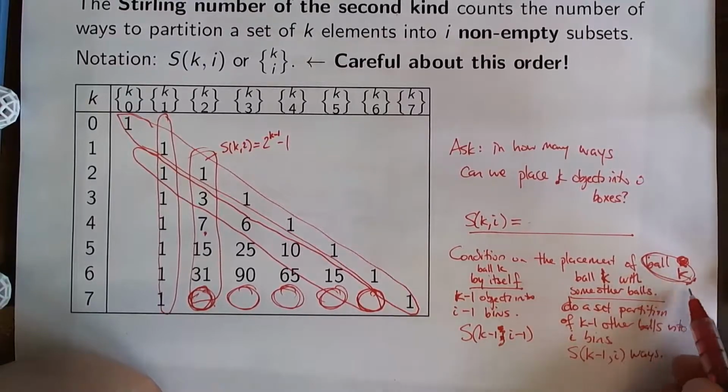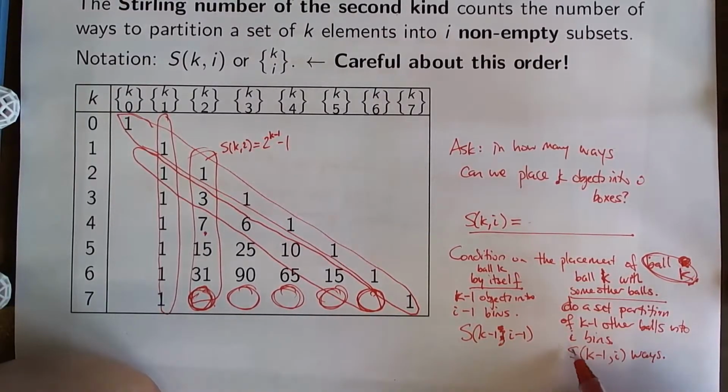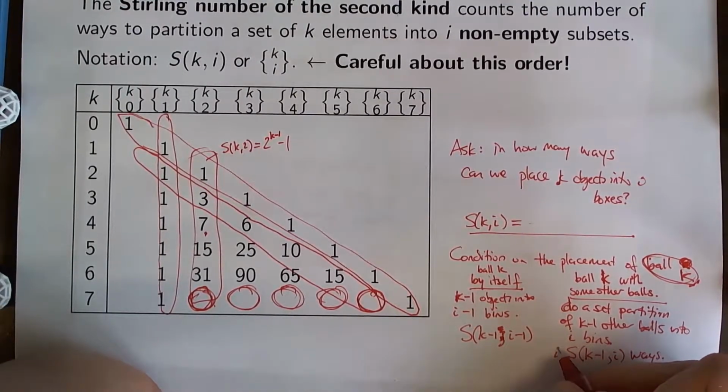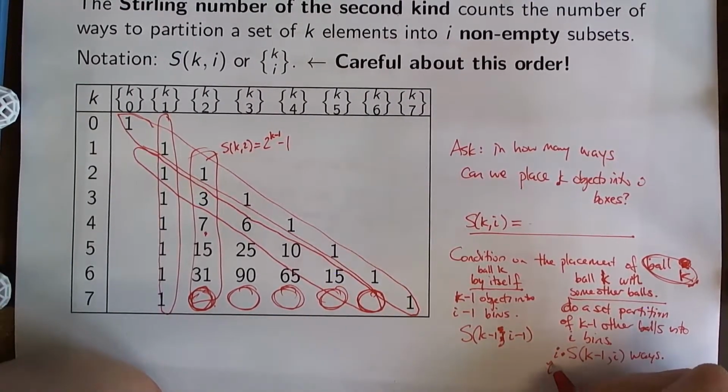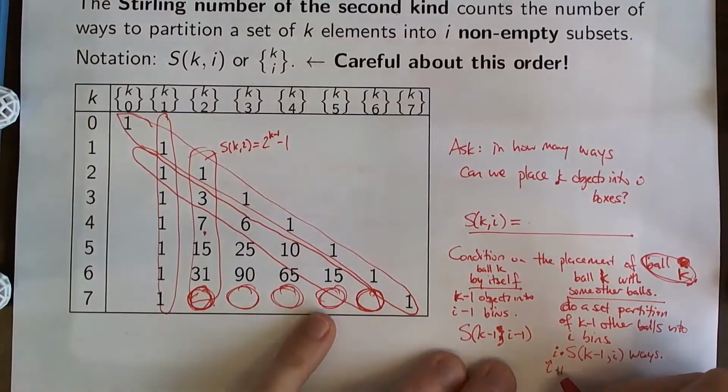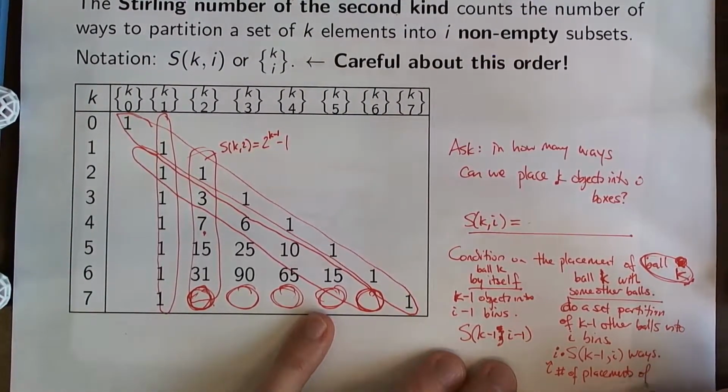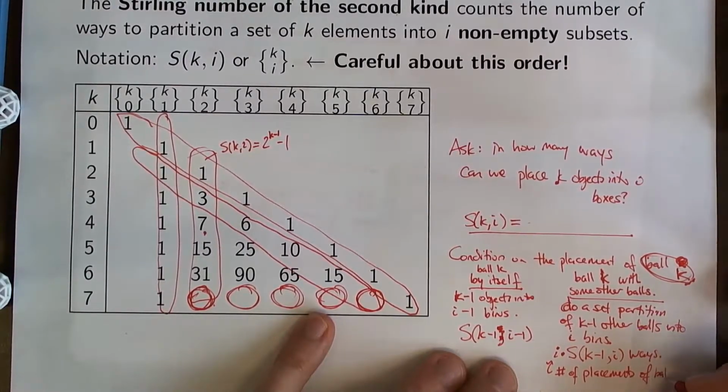But then ball k has to be put into here. And how many choices are there for where it goes? Well, there are i choices for where, so this counts the number of placements of ball k.